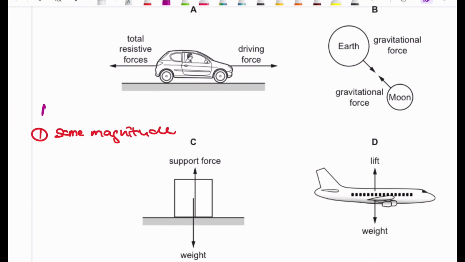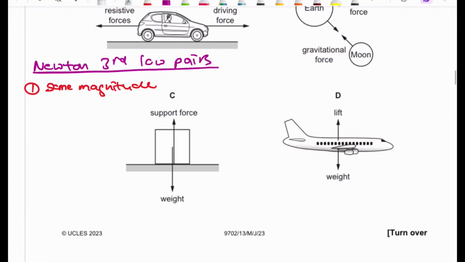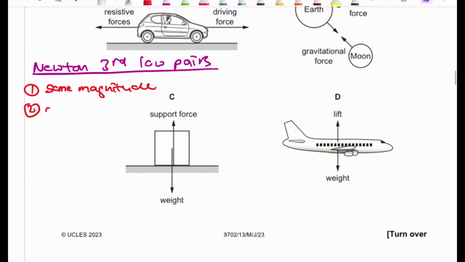Let's write them down. These are Newton's third law pairs. Newton's third law pairs have the same magnitude, number one. Number two, they are opposite in direction. Number three, they are of the same type.